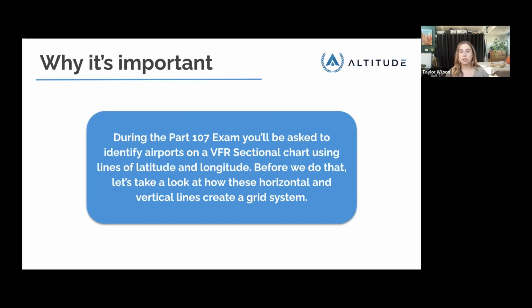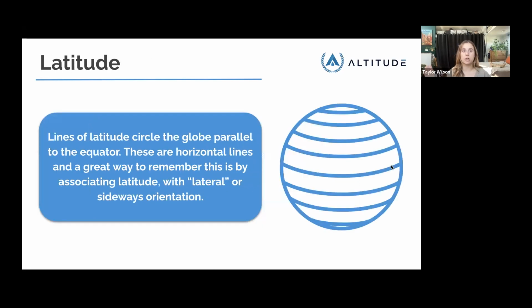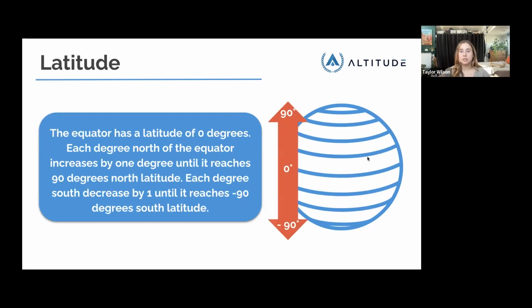So we'll take a look at how this grid system works. To start off, we have latitude. Our lines of latitude, as you can see in this graphic to the right-hand side, are horizontal lines. They kind of look like a ladder, or they're in a lateral orientation. That's the best way to remember that these are lines of latitude. The lines of latitude move in relation to our equator.